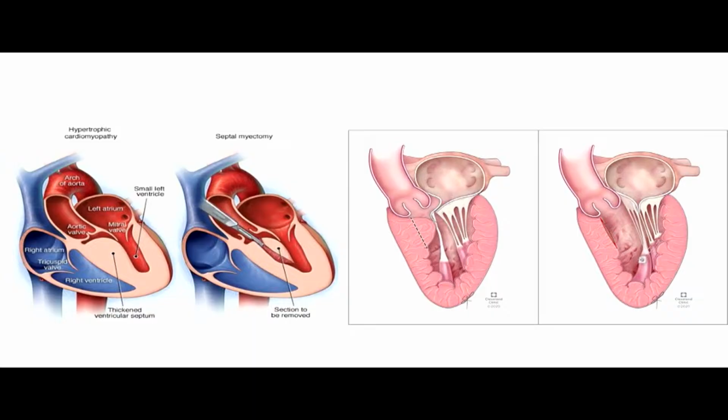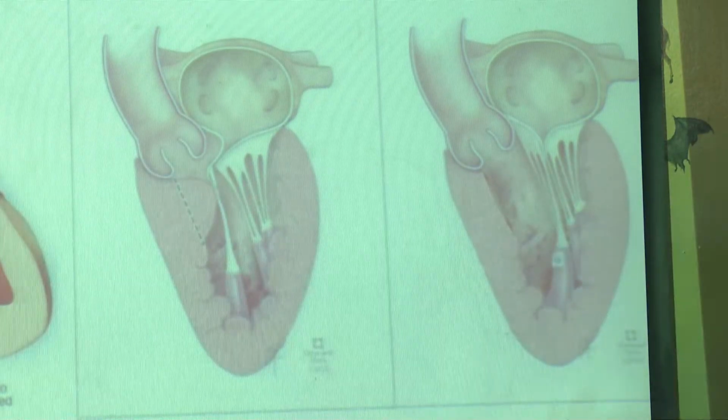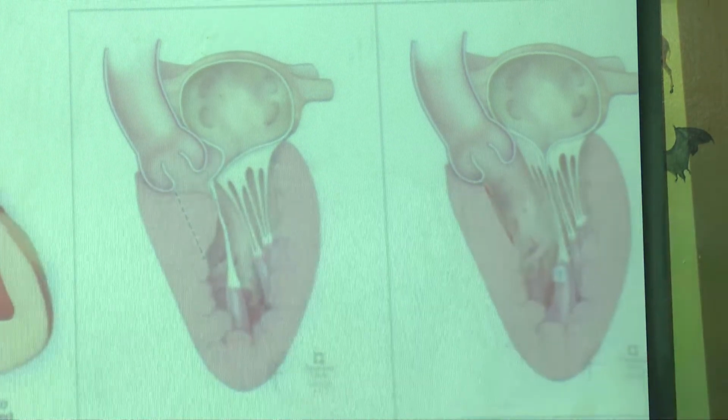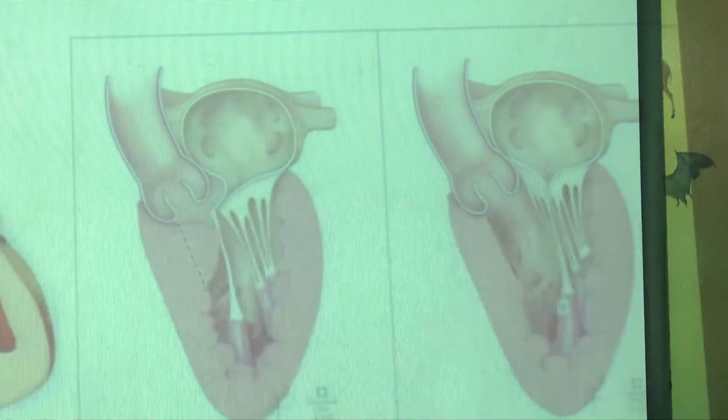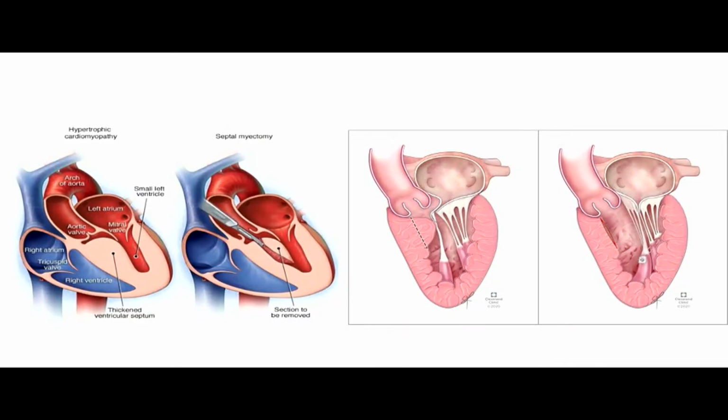Suppose the patient has coronary artery disease, has had a heart attack also, and after angiography has triple vessel disease, there are 3 coronary arteries, suppose all are blocked, and the patient has HCM also. Then these patients, rather than septal ablation, we prefer the surgical procedure, because in the same sitting bypass grafting can also be done, and simultaneously this pathology can also be taken care of.